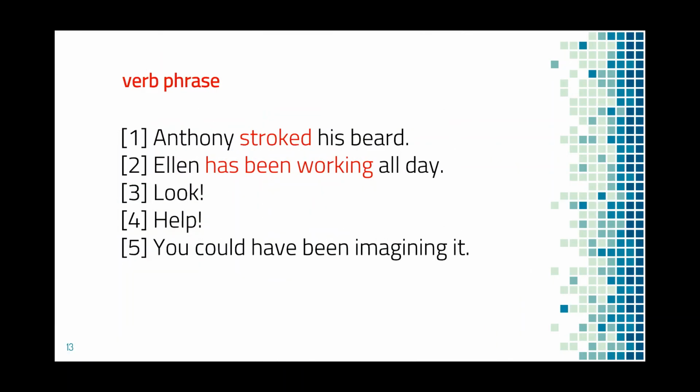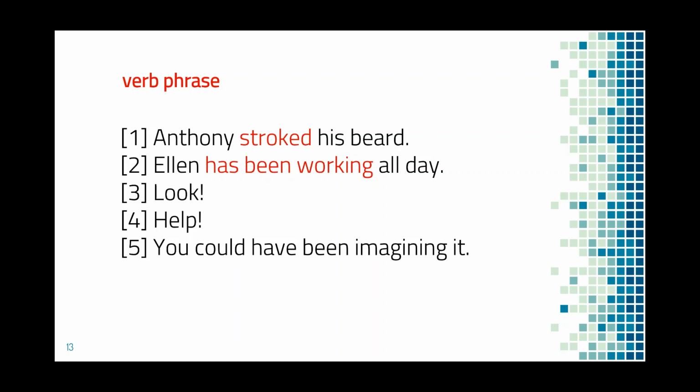Now, what about a verb phrase? What do I mean by a verb phrase? If you think about a verb phrase, then probably we're talking about a phrase that consists of a main verb preceded optionally by a maximum of 4 auxiliaries. Again, look at the examples. Anthony stroked his beard. Now, stroked is the main verb.